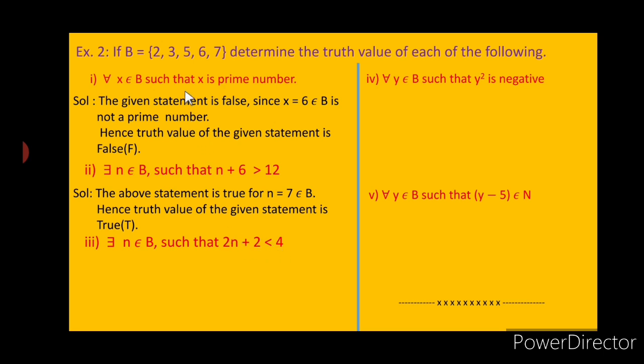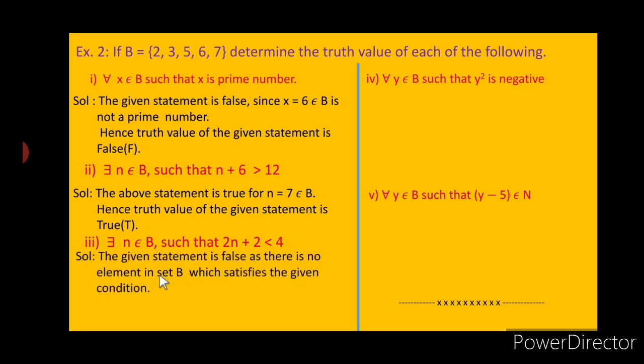So even if you consider the smallest element of this set, the condition is not satisfied. That means none of the elements of set B satisfy this condition. So we write, the given statement is false as there is no element in the set B which satisfies the given condition. So the truth value of the given statement is false.